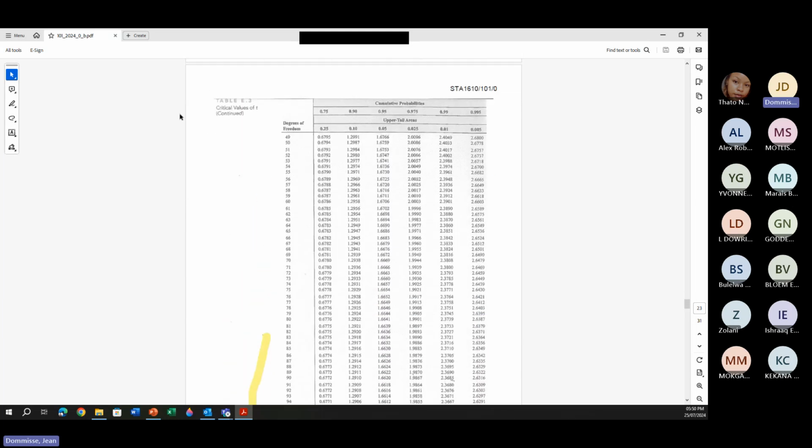So T table, let's take that out. Let's see if I can just get coloring again. Okay, working with a T table.